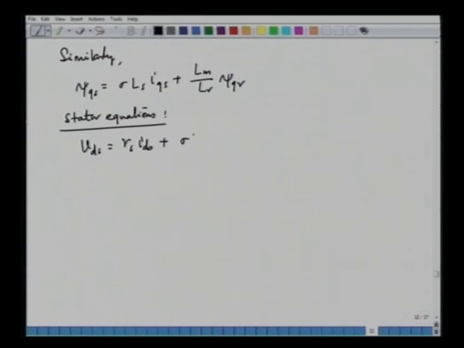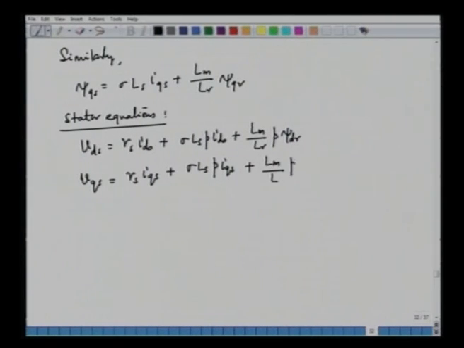So that's equal to sigma Ls P IDS plus Lm by Lr P psi dr. This for the d axis, and similarly in the q axis we can say that VQS is equal to RS IQS plus sigma Ls P IQS plus Lm by Lr into P psi qr. So these are the two equations for the stator, and similarly we can write down the equation for the rotor.